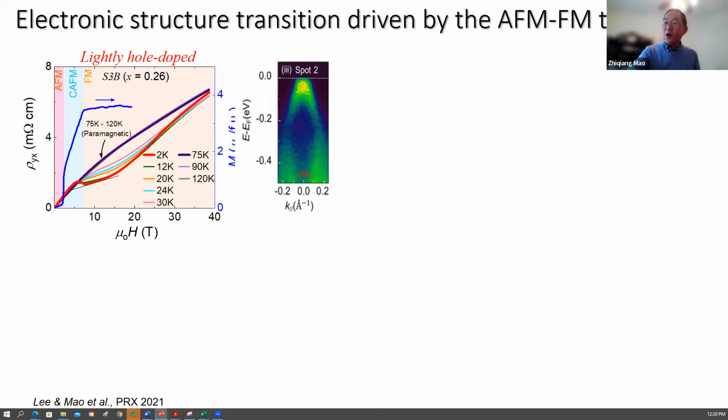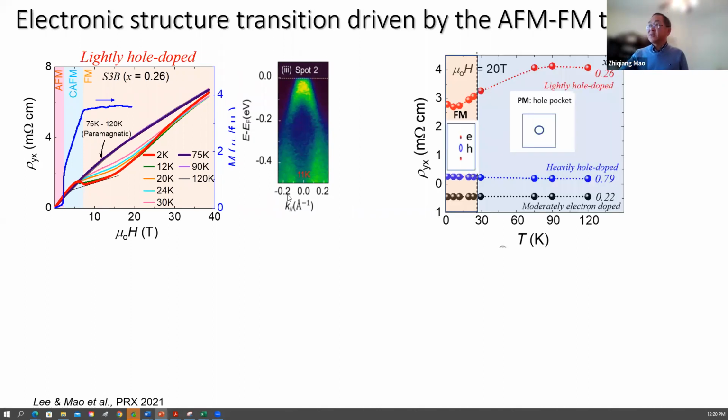So if we plot the Hall resistivity at 20 Tesla, we can see how it's suppressed, right? And this suppression of Hall resistivity is sharply contrasted with the data measured in heavily hole doped or heavily electron doped samples, where we don't see any suppression. When we go from the paramagnetic state to the ferromagnetic state, there is no change. But in the lightly hole doped sample, there is a suppression.